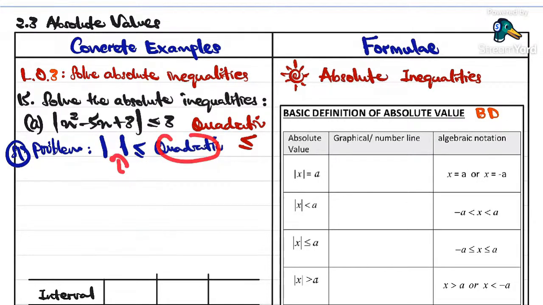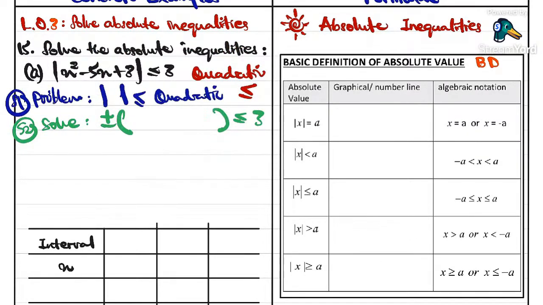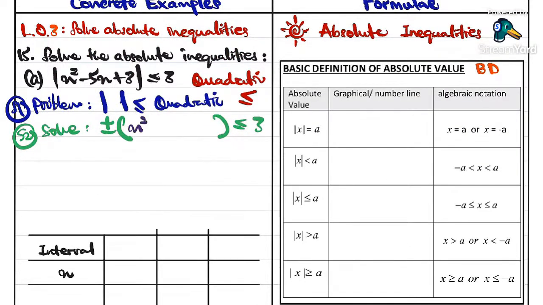So ada 3 problem. 1, 2, 3 problem here. So if you know the problem, you know how to solve them. So solving it is just plus minus bracket less than or equals to 3. Okay, so you plus minus it. You will get x squared minus 5x plus 3.